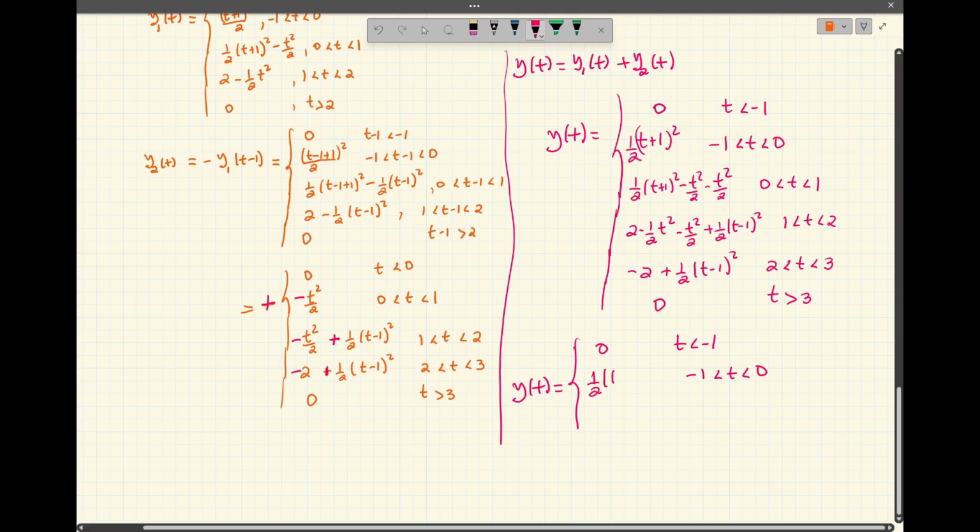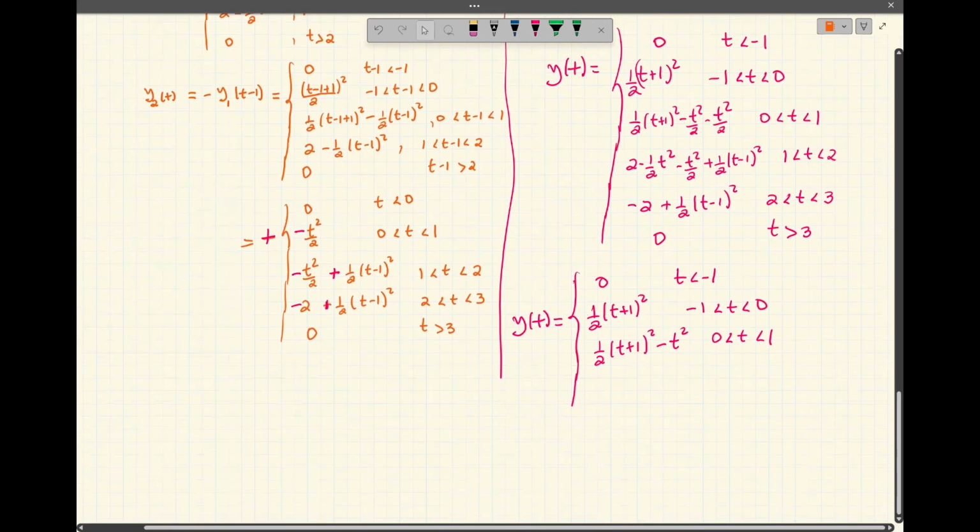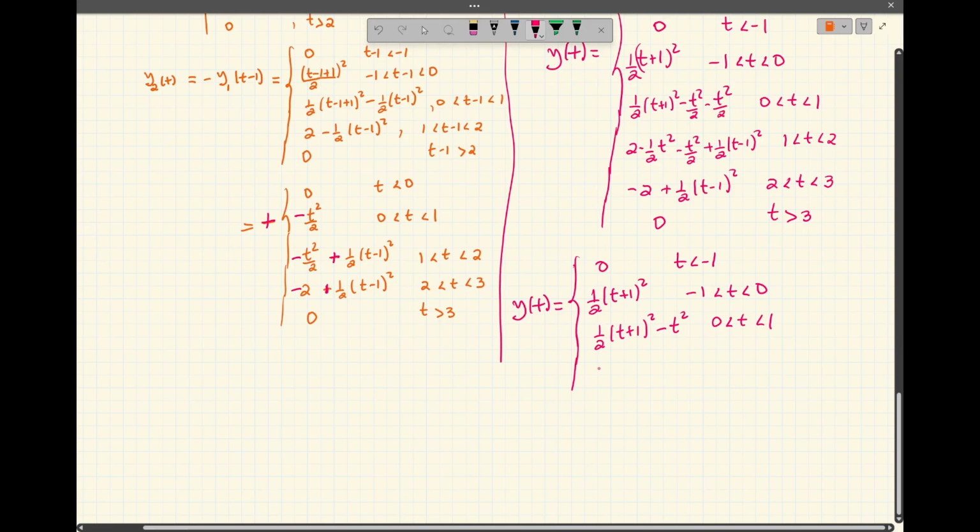So 1/2 (t plus 1) square, and the second one is 1/2 (t plus 1) square minus t square, which is 0 less than t less than 1, and the one after that will be 2 minus t square plus 1/2 (t minus 1) square.